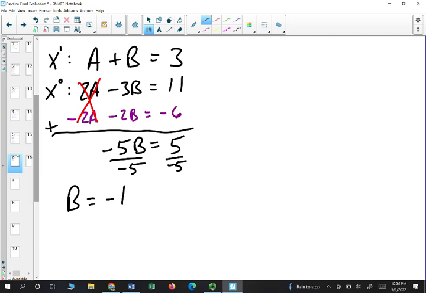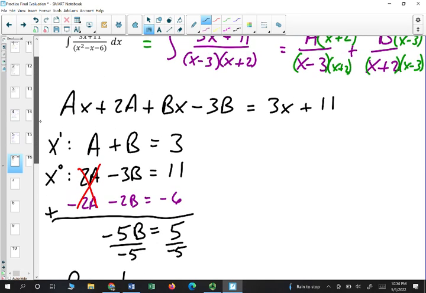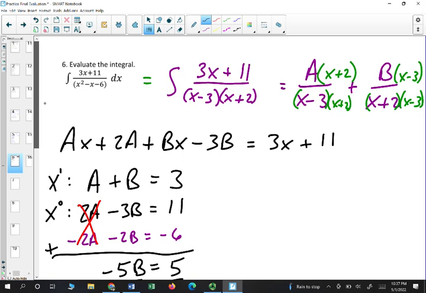Then we can solve for A. Let's plug into our first equation we have there. A minus 1 equals 3, plus the 1, so A equals 4. Okay, so now let's go back. Now we have A is 4 and B is negative 1.